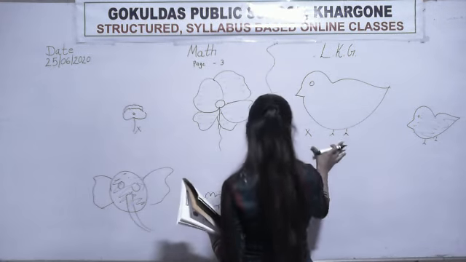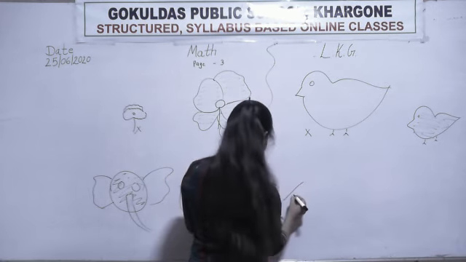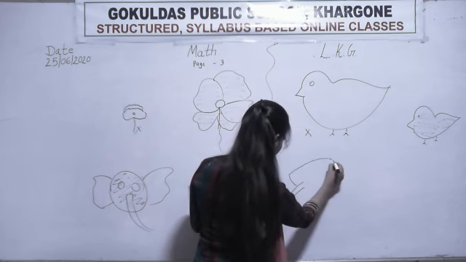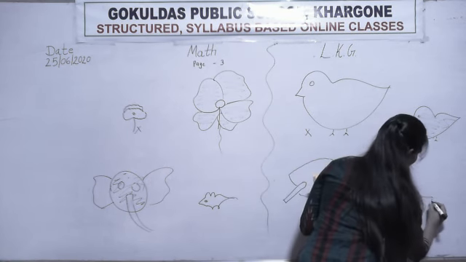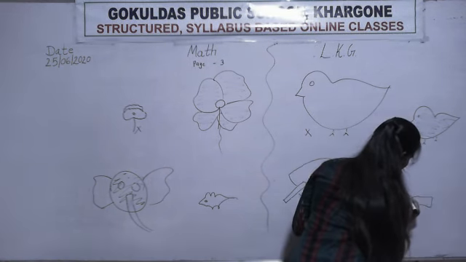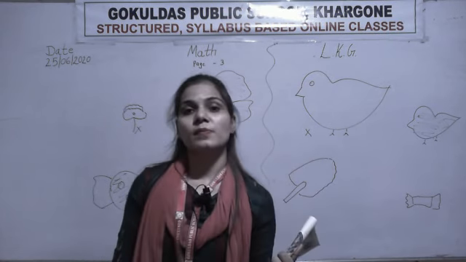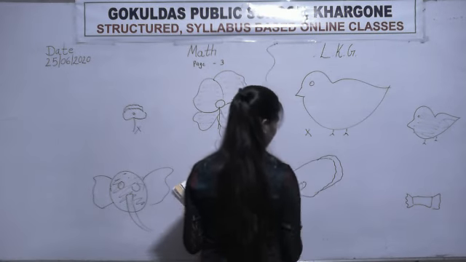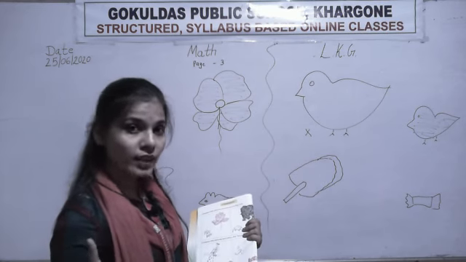And the next picture is a big ice cream and a small toffee. So which one is big and which one is small? The condition is color the small one.